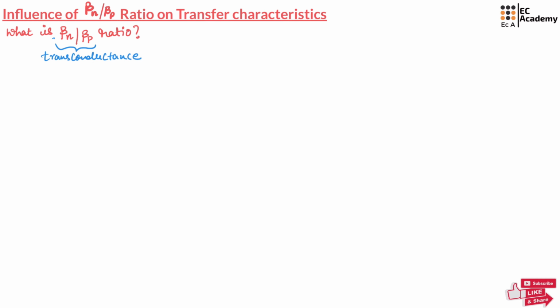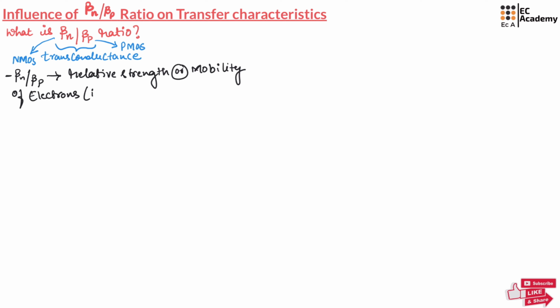Beta n is the transconductance parameter of NMOS and beta p is the transconductance parameter of PMOS in a CMOS inverter. The ratio beta n by beta p essentially tells us the relative strength or mobility of electrons in NMOS compared to the relative strength and mobility of holes in PMOS.